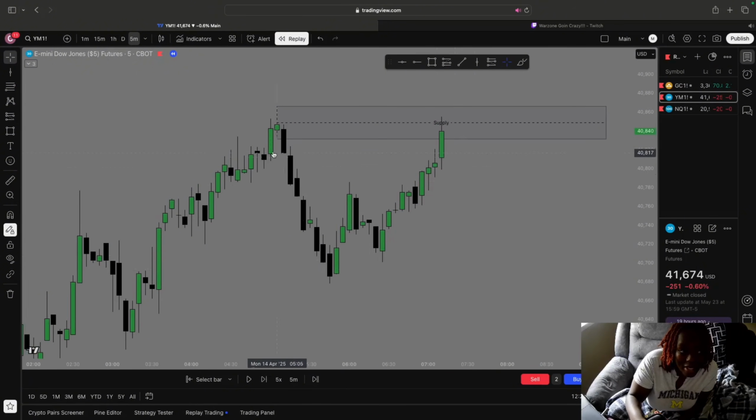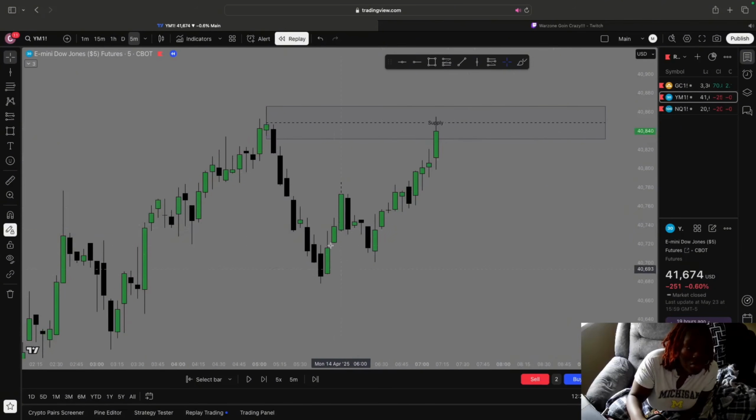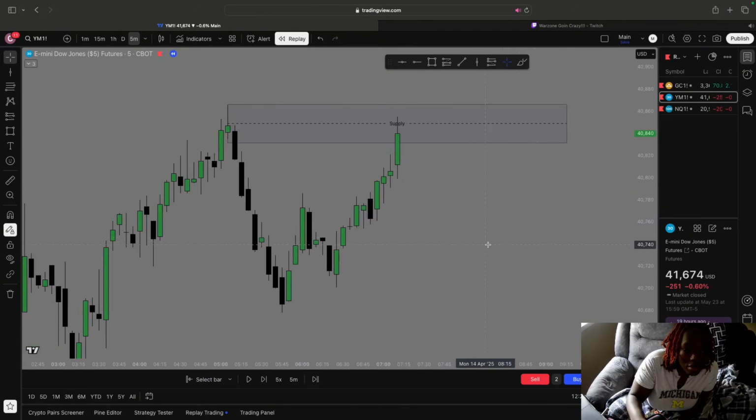Okay, so we tapped into our supply. Again, what are we looking for? We're looking for one of these bearish candles here to let us know that we want to continue down. So let's see. Okay, me personally, I need a stronger bearish candle before I can enter.